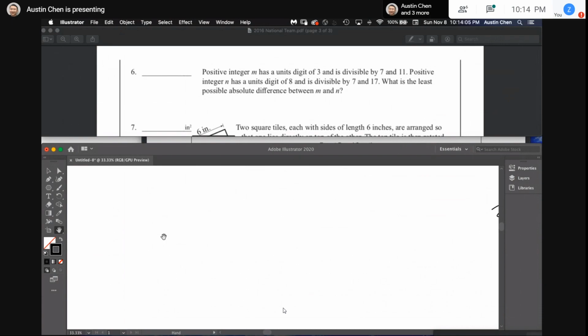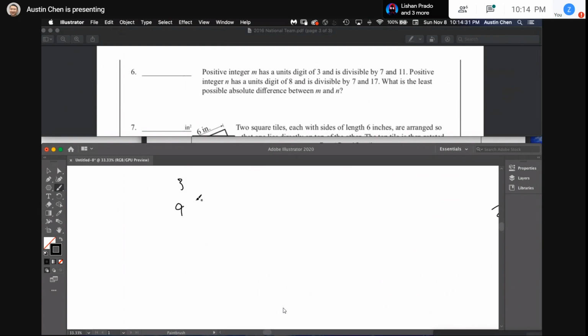So we're going to try to take the 7 out of both of these, right? If we have a units digit of 3 and we take out a 7 from it, then we'll have to have a units digit of 9 afterwards, right?